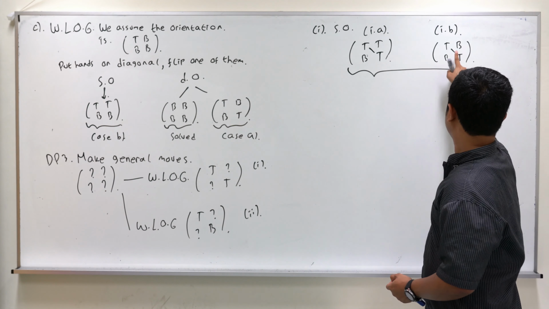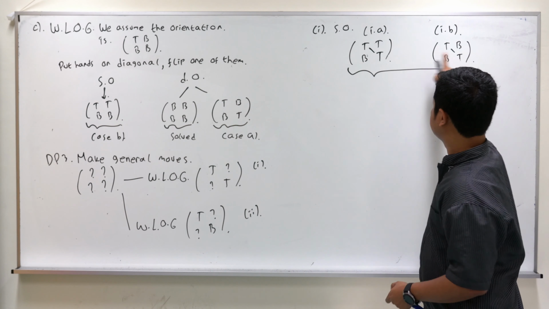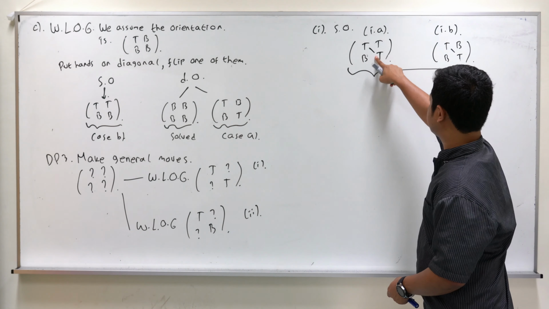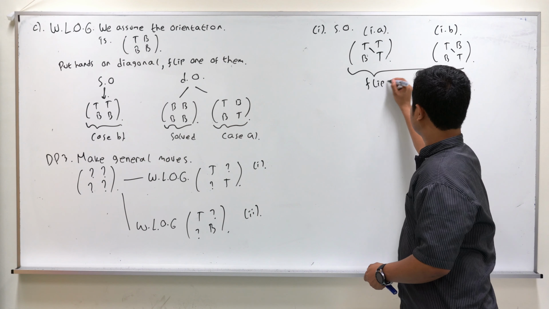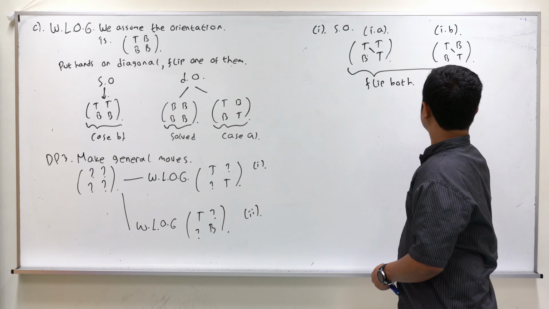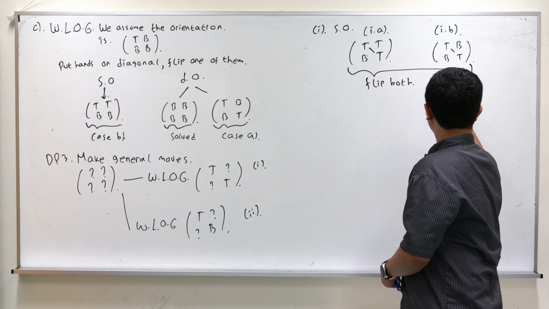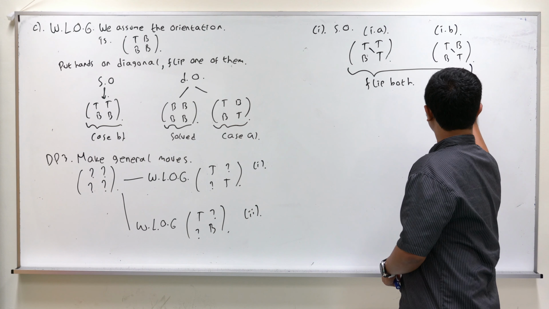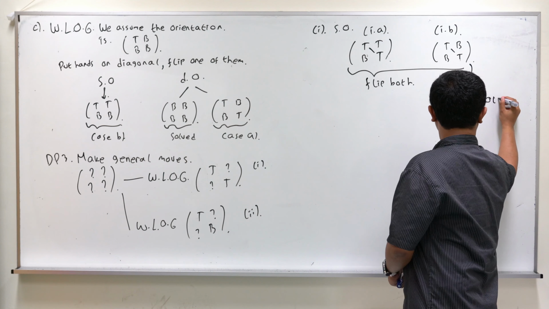Okay. If we flip both, then BB, done. We flip both, BB, still not done. So flip both. So this one becomes B. So solved.